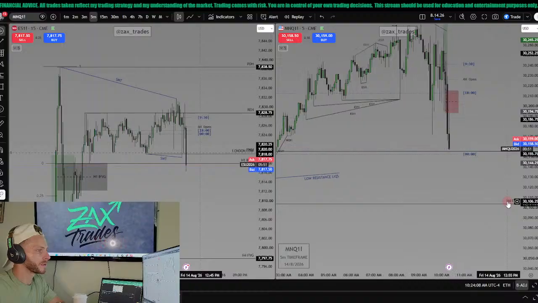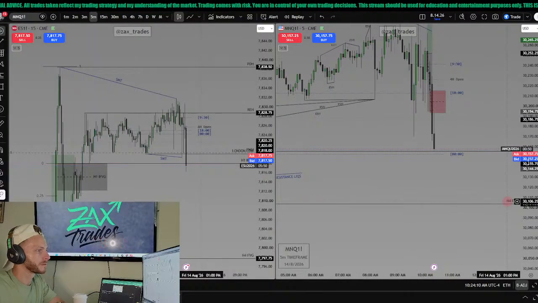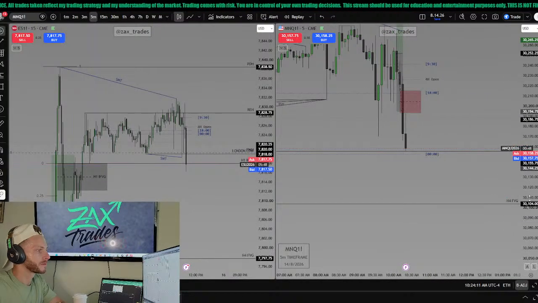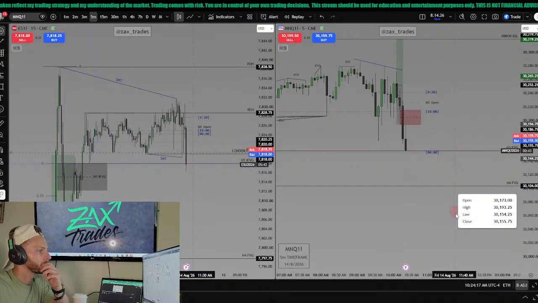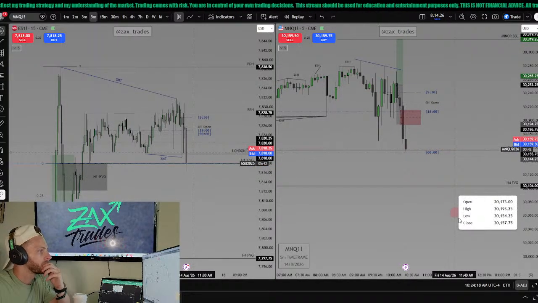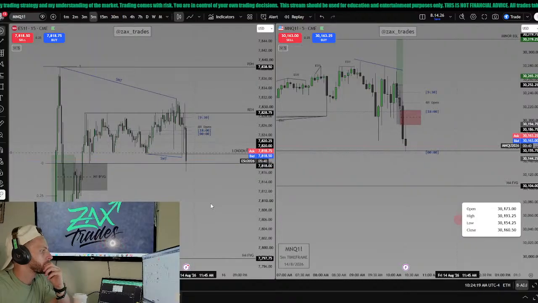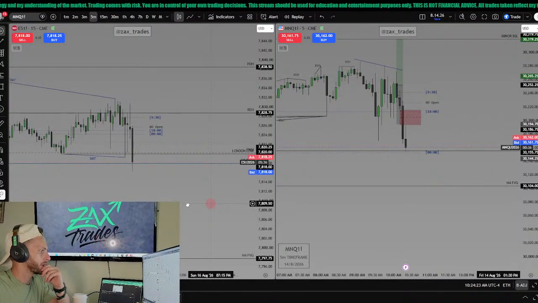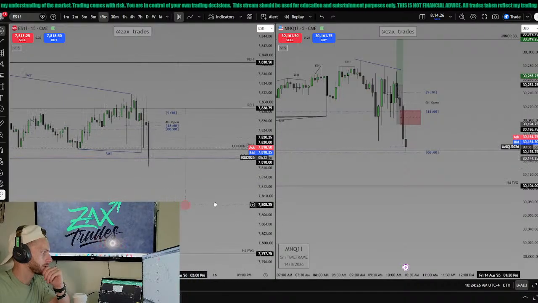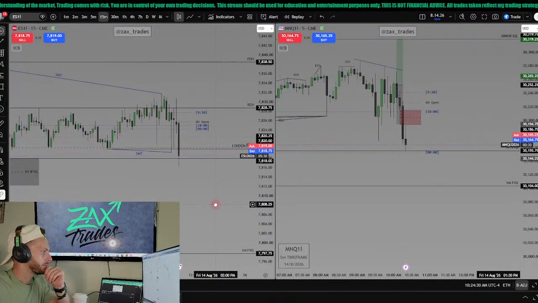Things really growing some legs here. Freaking monster of a 15-minute candle on ES. Freaking monster.